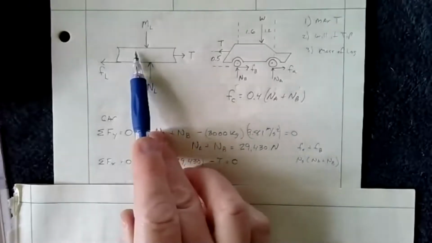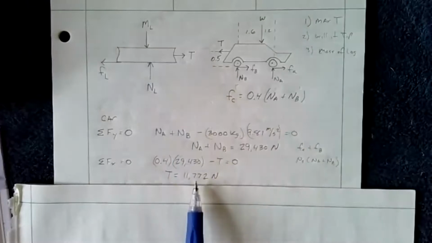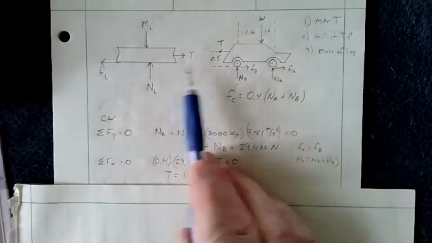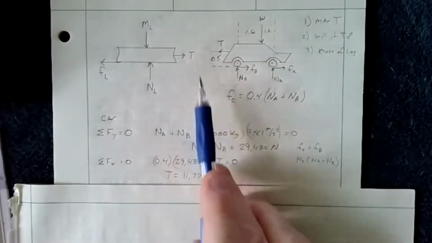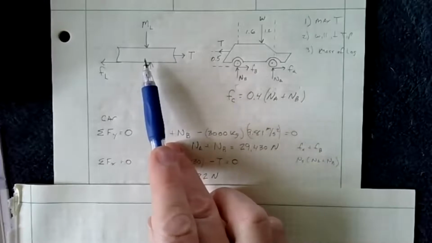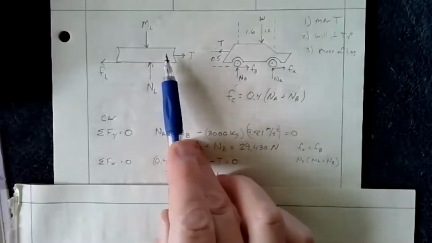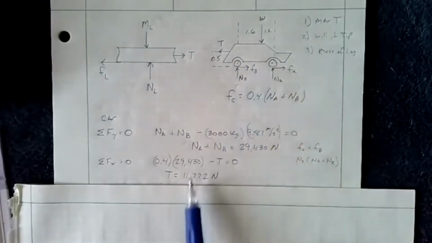If this log is such that the tension created here is greater than that value, this thing is going to spin. So we're kind of working backwards because we're trying to find how big a log it can be. If we had told you, say, this log weighs 2,000 kilograms, then you would have compared the tension created by the friction of the log to what you could calculate here, and you'd compare the two and say, well, no, it would spin.